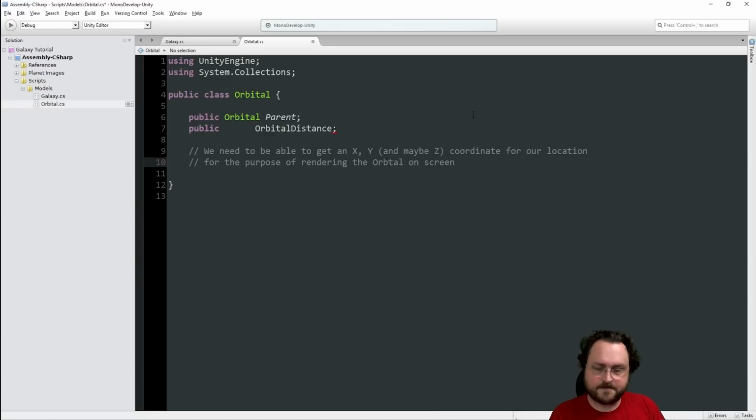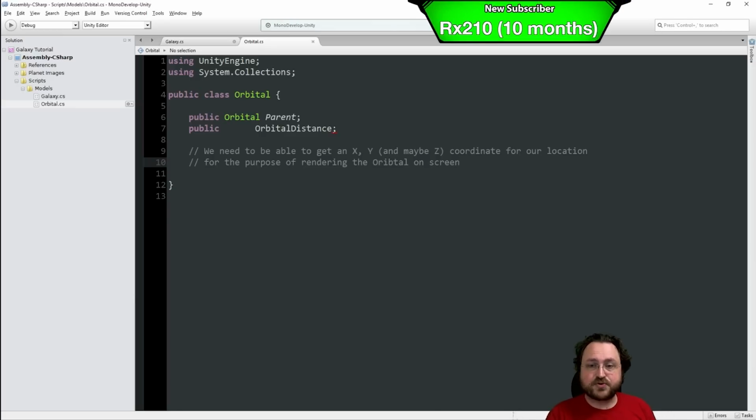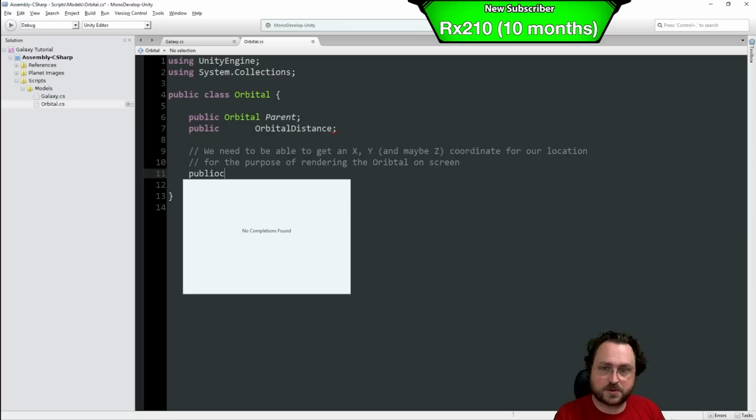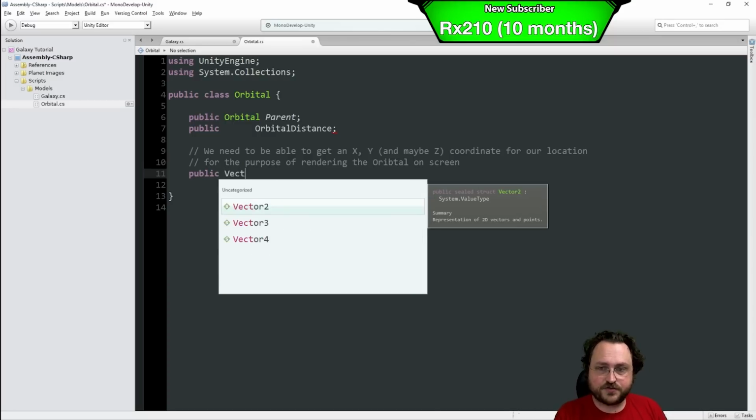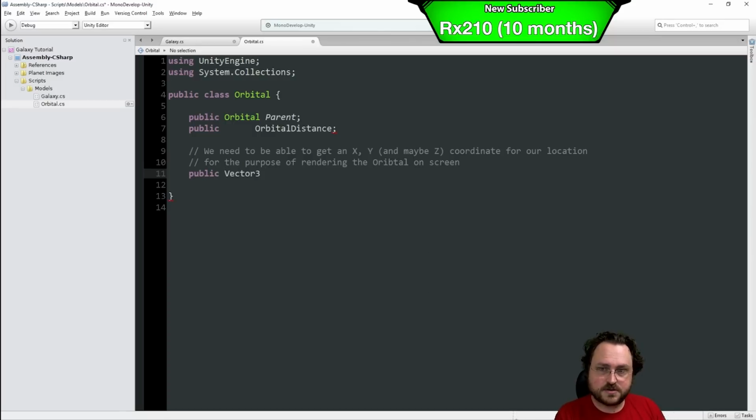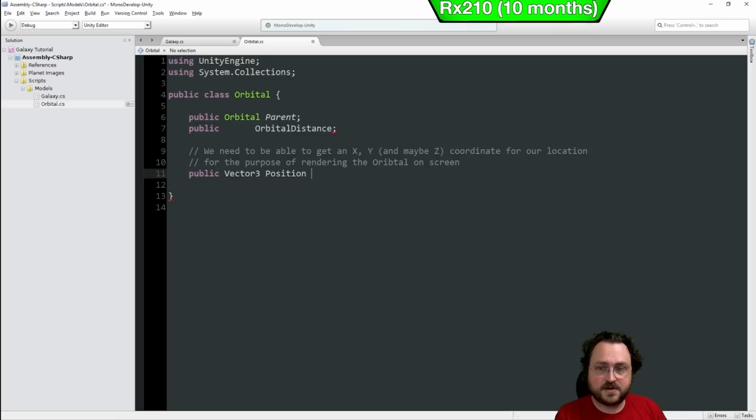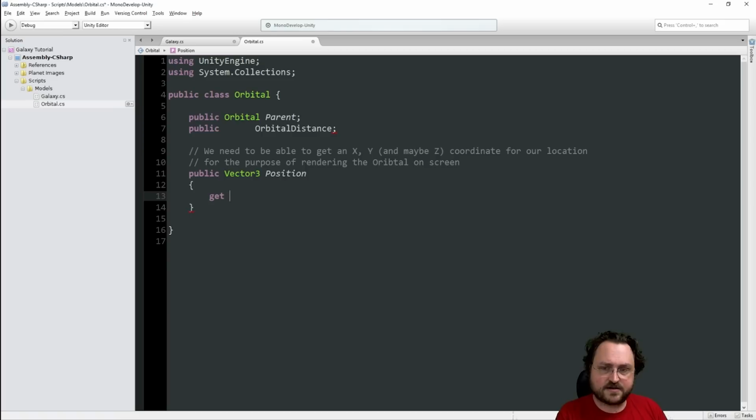Spelling is hard. At some point we need that. And in particular, we're going to have some sort of public Vector3 called position, and it's going to be some sort of getter like this.